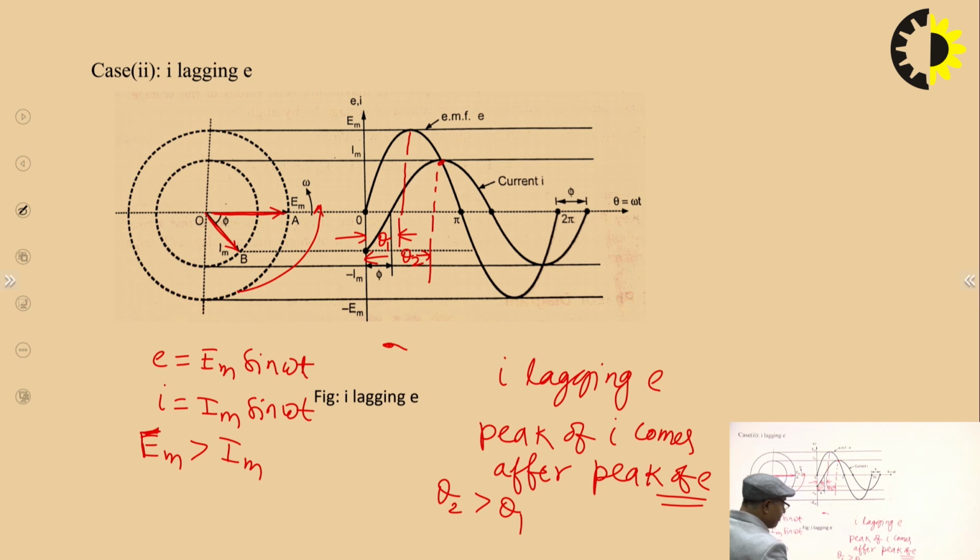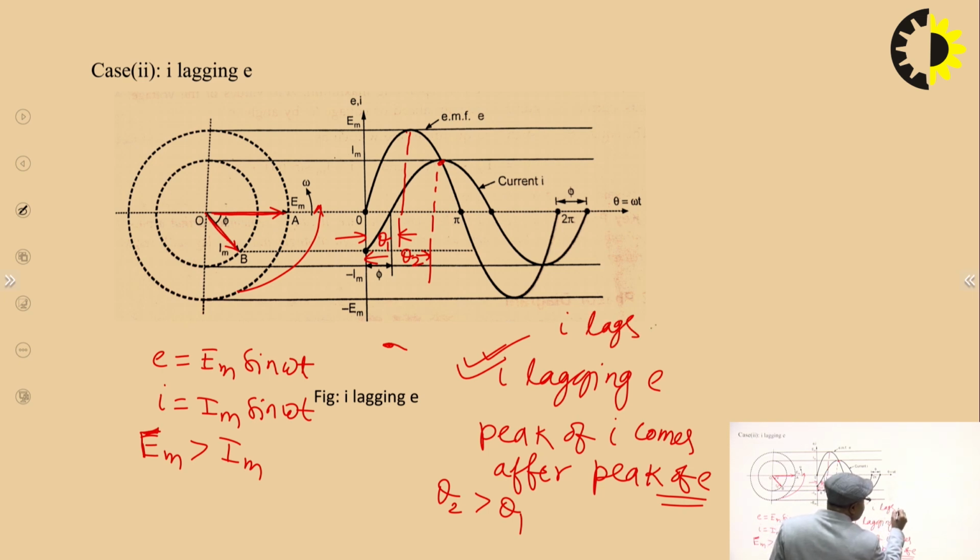It means the peak of I comes after the peak of E. So we can see that the angle at which the peak of I occurs is greater than the angle at which the peak of E occurs, and it means the peak of I comes after the peak of E. That's why we call it I lags E. So this is I lagging E in waveform and phasor diagram.